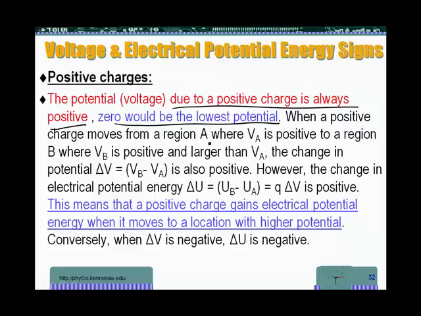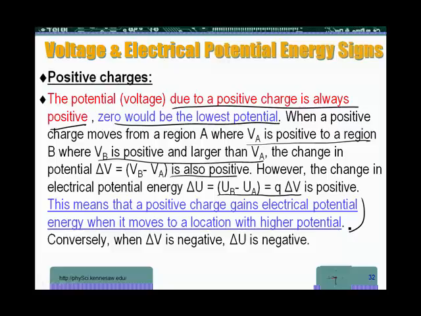Now, if a positive charge is moved from a positive electrical potential to a higher electrical potential, again, the change in voltage is positive. However, the change in electrical potential energy is also positive, meaning that it is gaining electrical potential energy.